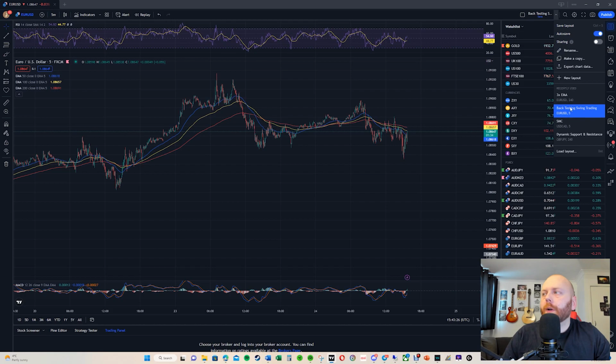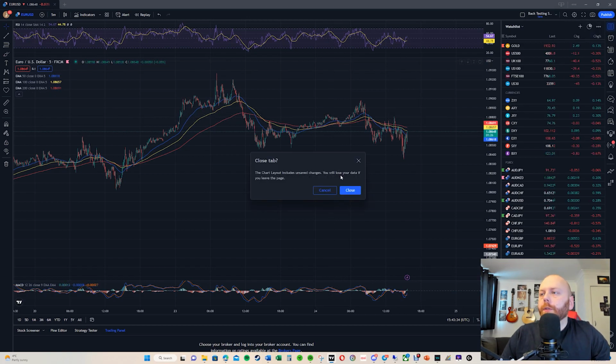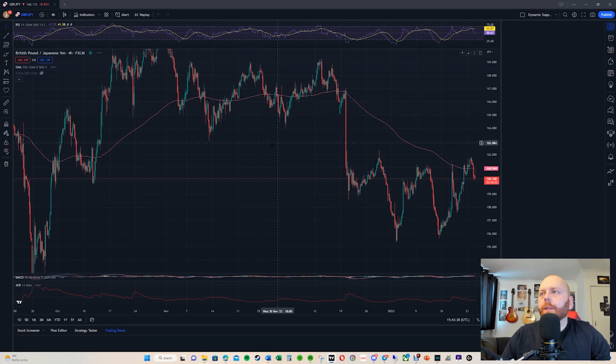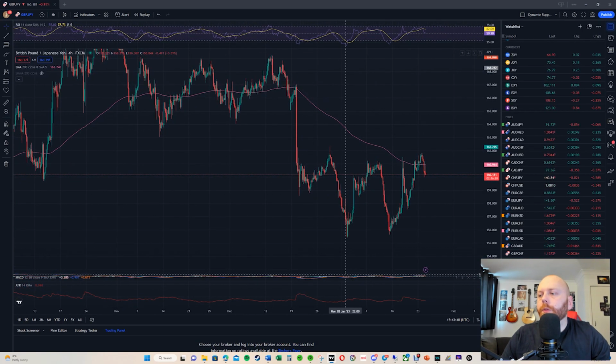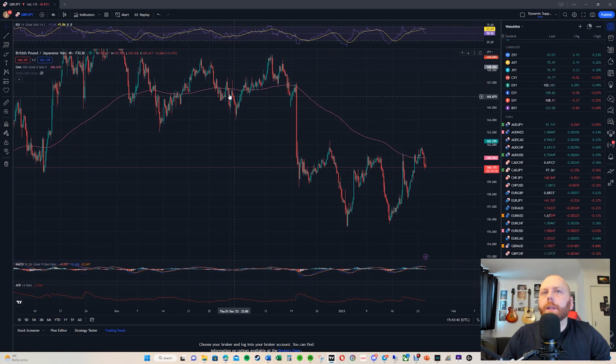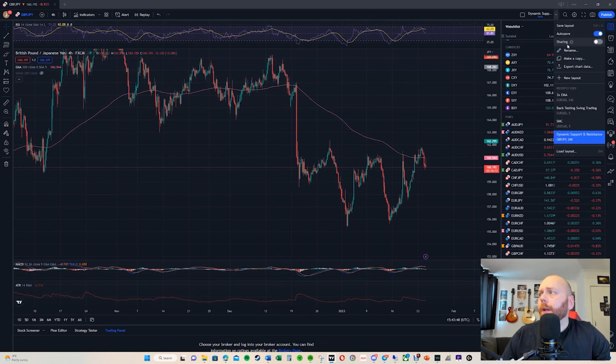You can name it whatever you want and add your indicators in, and rather than having to keep taking off and adding different indicators, you can just load up the new chart and the different indicators will be in there for you. So you can see in this one I've got ATR, MACD, the 200 EMA on its own, and the RSI. That's a pretty decent feature that I use quite regularly.